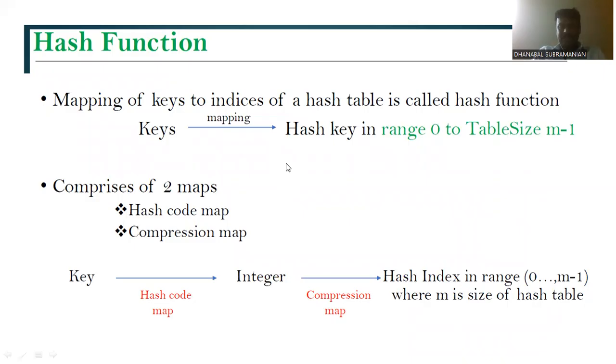Then based on the array locations 0 to 4, you can create a hash key value and store the data in your computer memory locations. It comprises 2 maps: one is a hash code map and the other is a compression map. The key is hash-code mapped into the compression map. Then the index, in the range from 0 to m minus 1, stores the data.